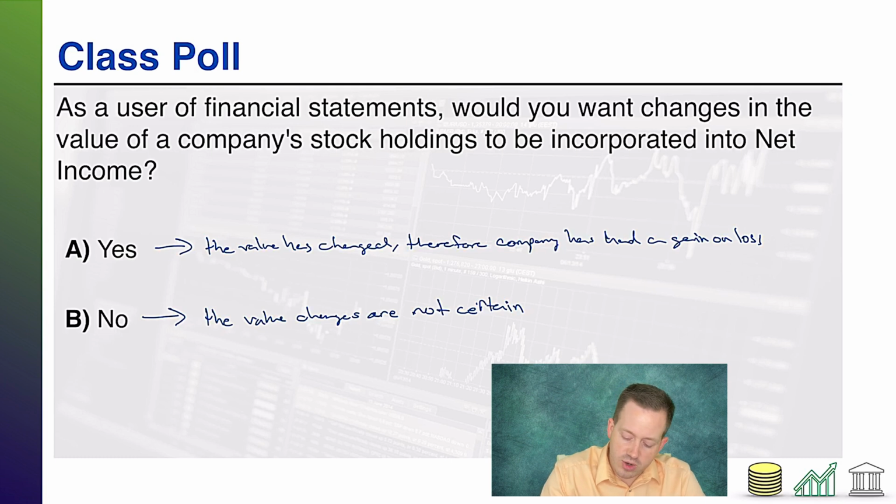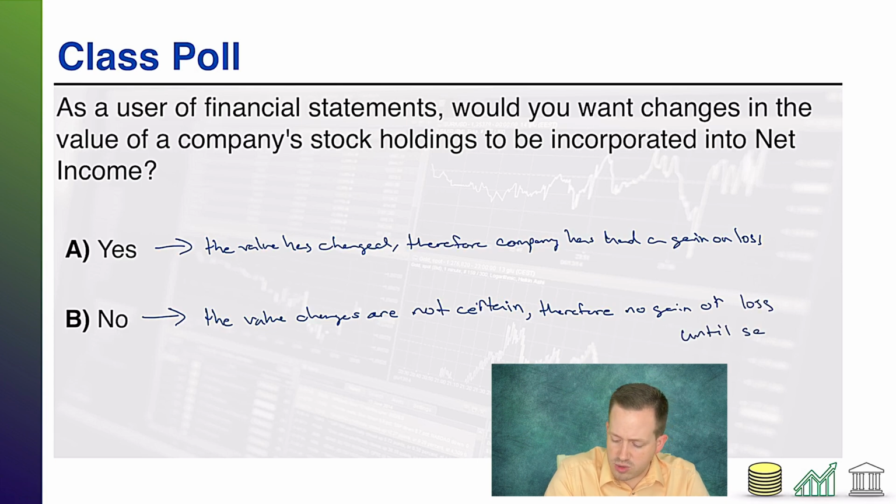So the value changes are not certain, and therefore no gain or loss until a sale occurs. So that's the argument for no here. The majority of students usually select no when I ask this question. Again, no right or wrong, right?